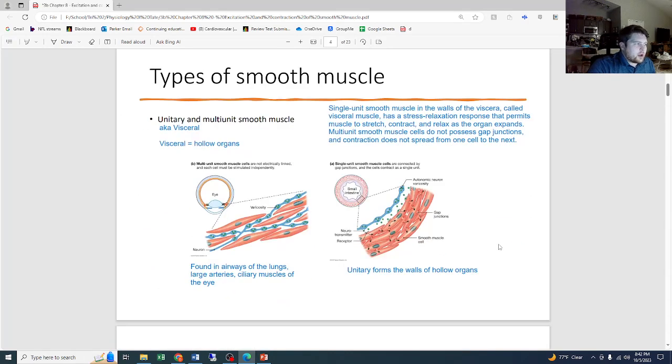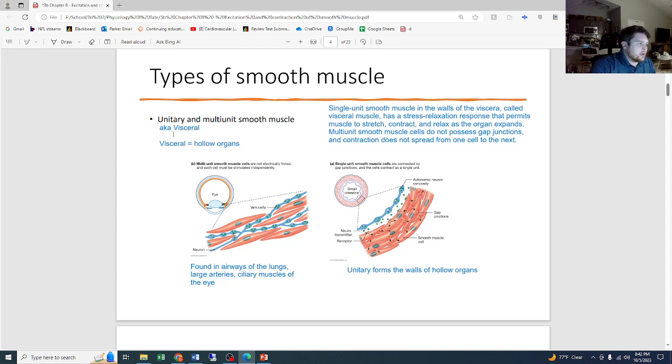And also kind of breaking down smooth muscle, there are two sort of subcategories of smooth muscle. We have unitary, also known as single unit, and multi-unit smooth muscle.